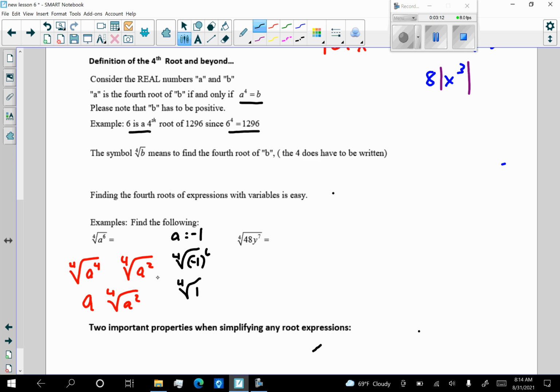But if a was -1, this guy here is going to be a negative right away, and this is still going to be the fourth root of -1 squared, which is 1. So this will be 1. But if a started out -1, that would be -1, and that's not valid. So we do indeed need the absolute value symbols around that. And it's easy just to check if a was -1, because that thing has to be positive.